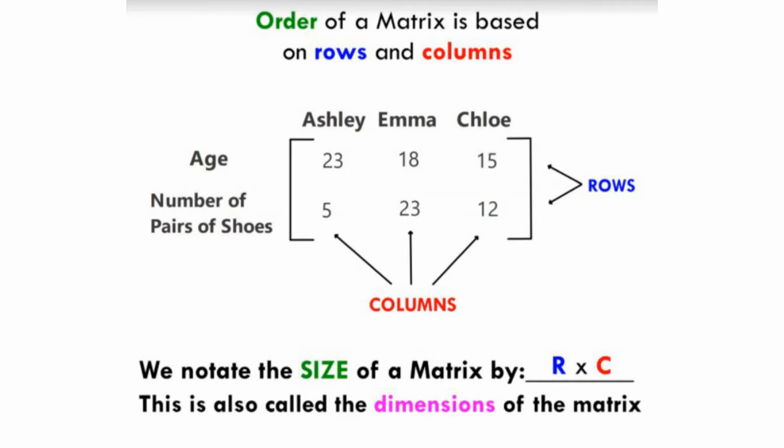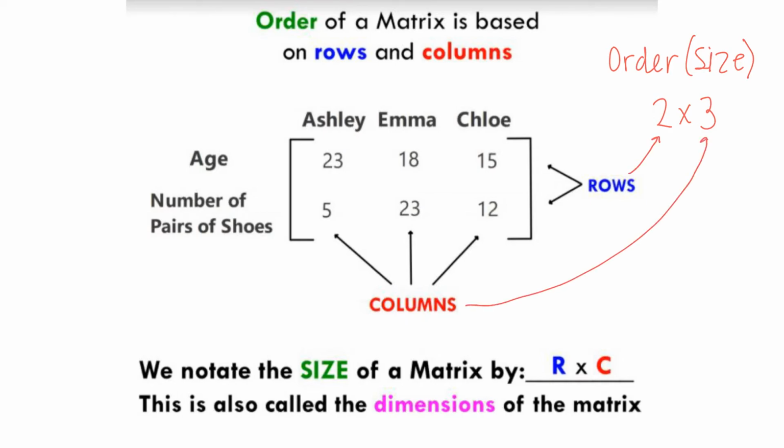So we would write it like this. The order, or the size of the matrix, is a 2 by 3, where 2 represents the rows and the second number is the columns.